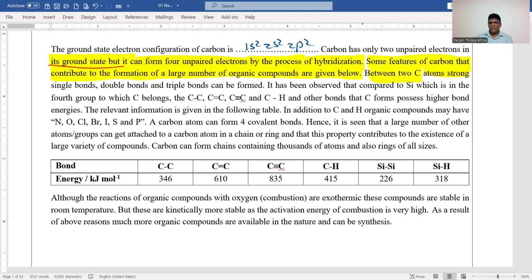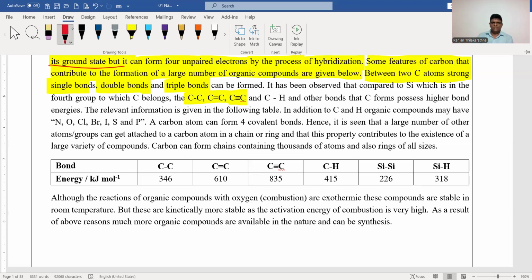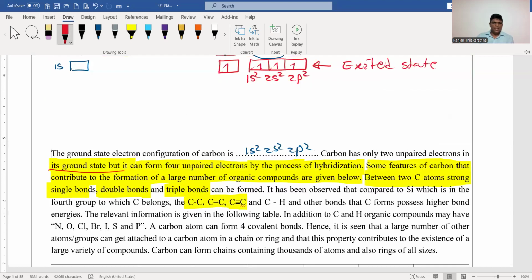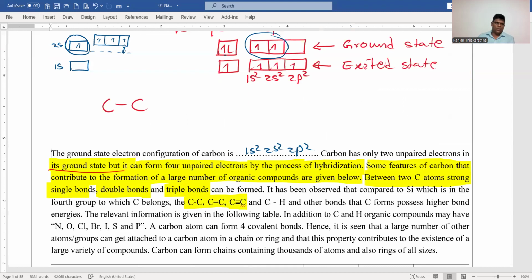Between two carbon atoms, it can form a single bond, double bond, or sometimes a triple bond. Between any two atoms, the maximum number of bonds you can find is a triple bond, not more than a triple bond.